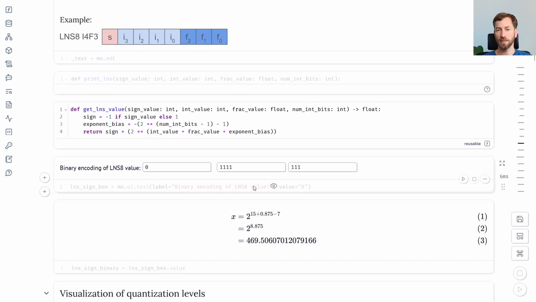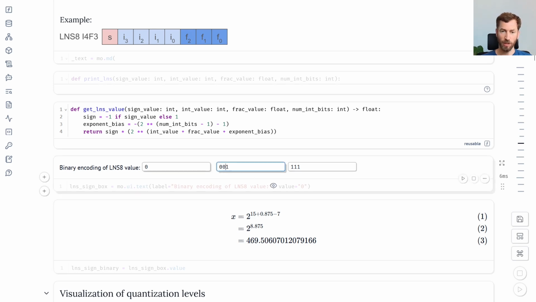And if we look at the examples, so for all ones, we have an exponent of 15 plus the contribution from the fraction 0.875 minus the exponent bias, which is -7. And this results in a value as listed below.